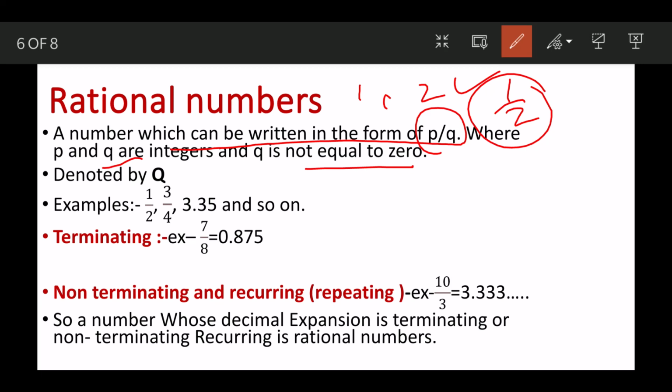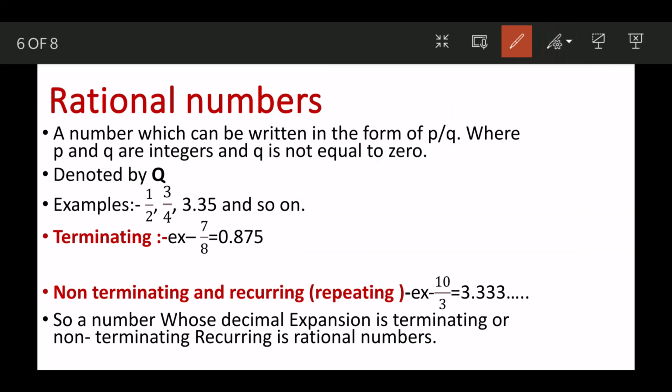But as we all know, 0 is also an integer, but we cannot write 1 upon 0 because 0 cannot be in the denominator, it is undefined.